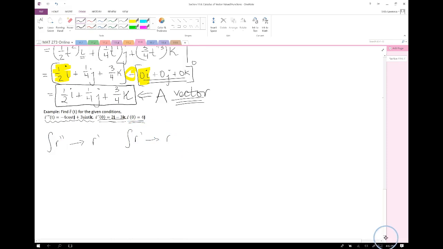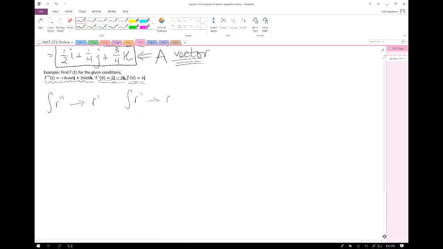So this is a two-step problem, two major components to it. And once you see the first part, the second part is just do it all over again. So we need to start with the antiderivative for r double prime, and that will take us back to r prime. Now be really careful with this r double prime. I'm noticing that there's only two components, but it's a j component and a k component.